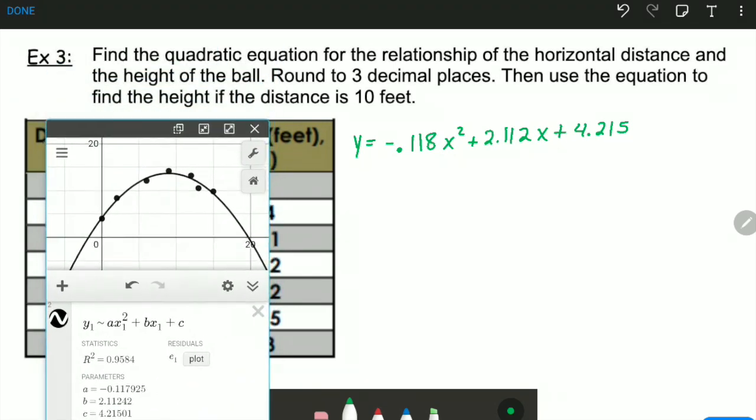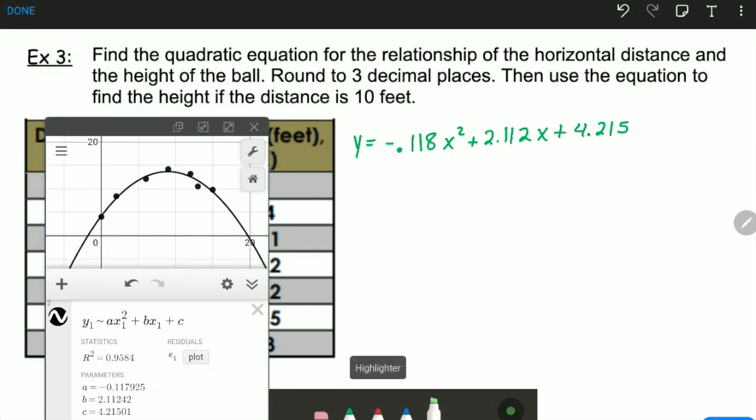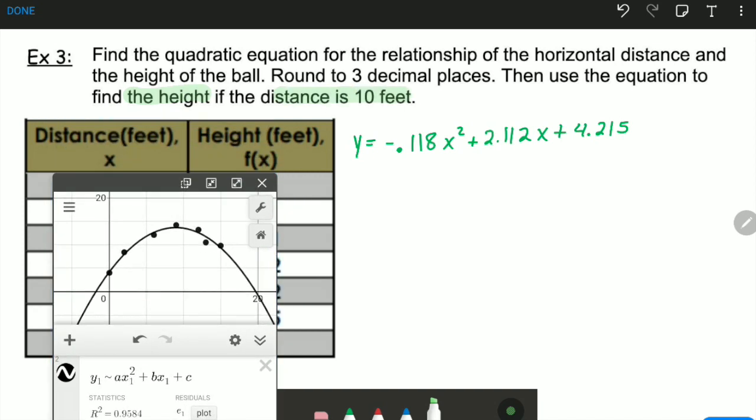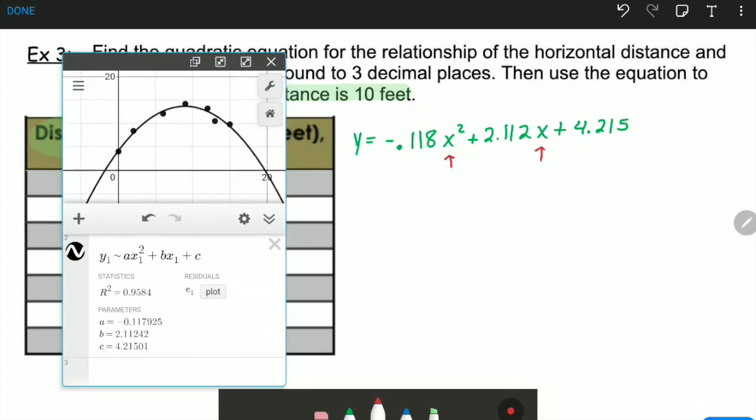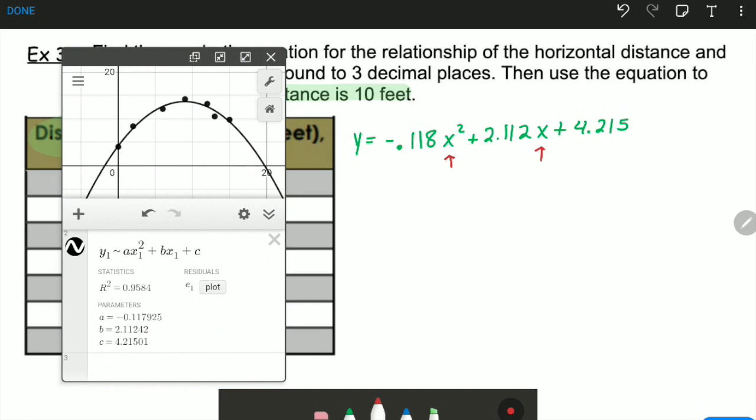Let's answer the question now. So we are asked for what would the height be when the distance is 10 feet. Distance is in the x column. So if we were to do this by hand, we would plug in 10 in for our x and evaluate it. Or we can take advantage of Desmos.